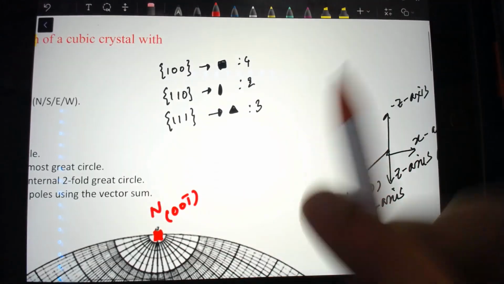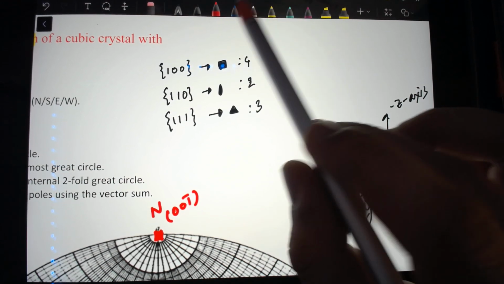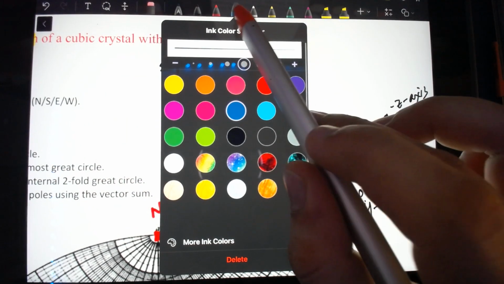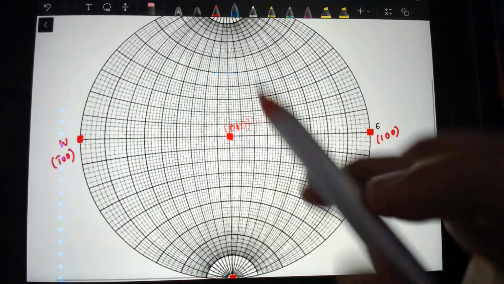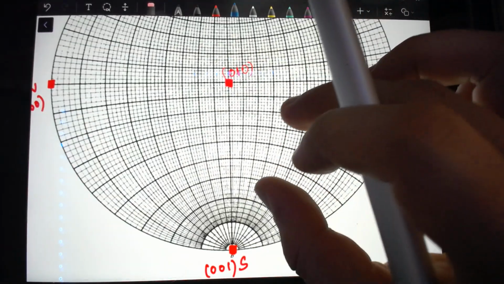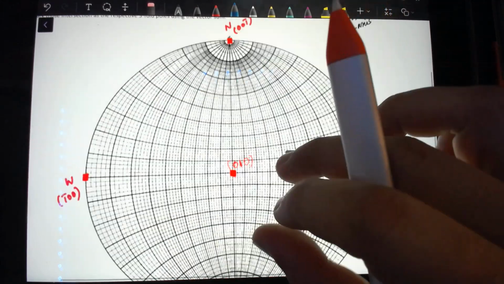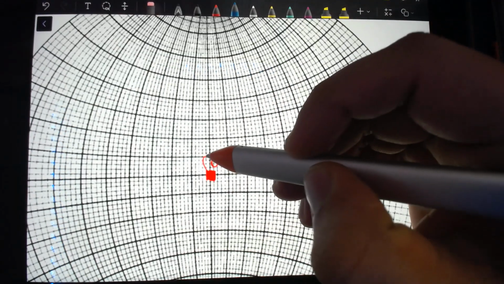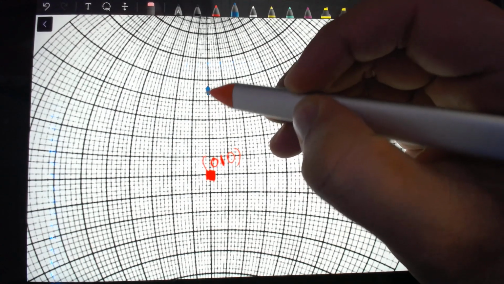Now comes the 1, 1, 0. So we start with all the internal bisections, and then we'll do the outermost great circle, and then we'll join them. Let's start counting from the center, 45 degrees. So we'll have 10, 20, 30, 40, 42, 44, 45.